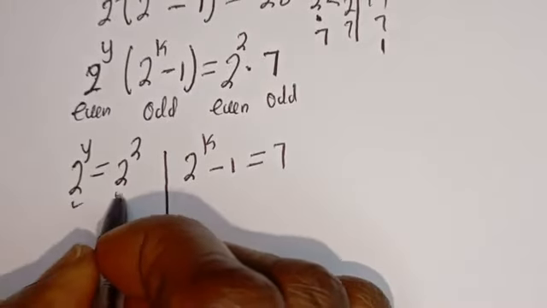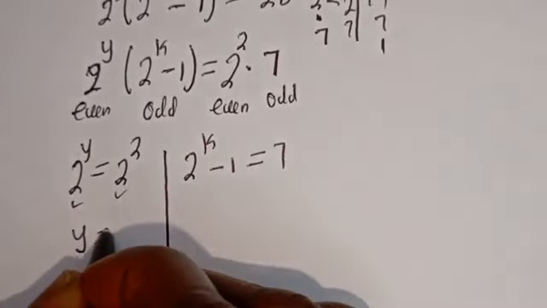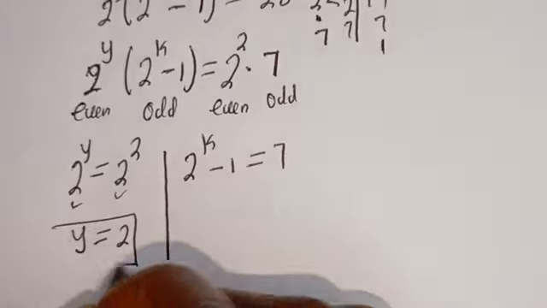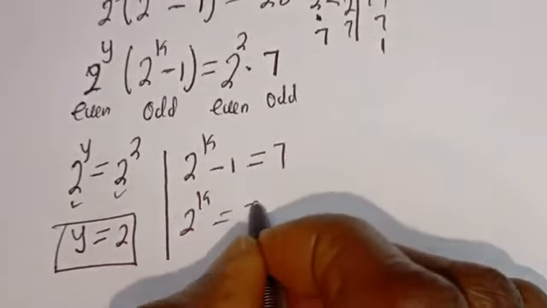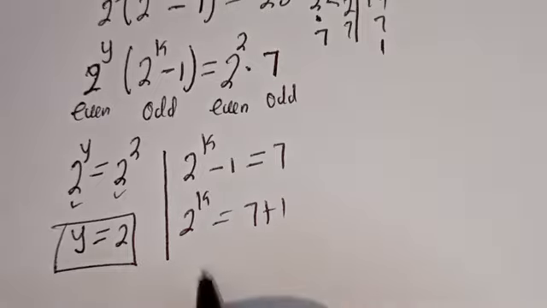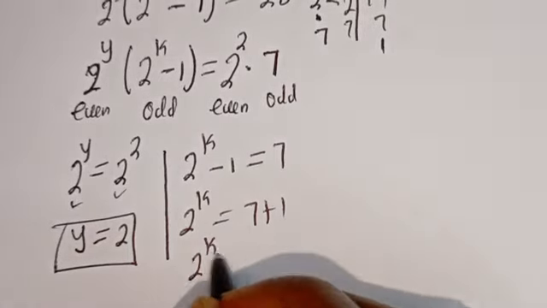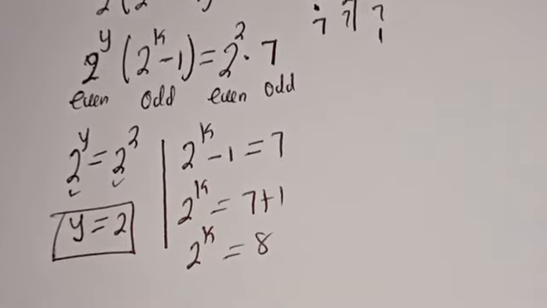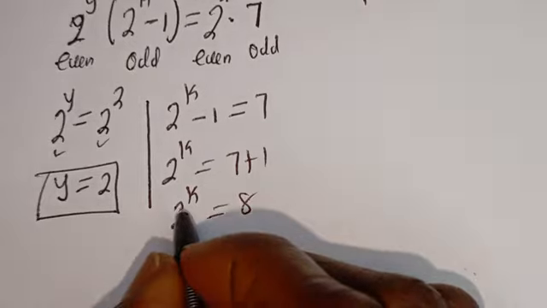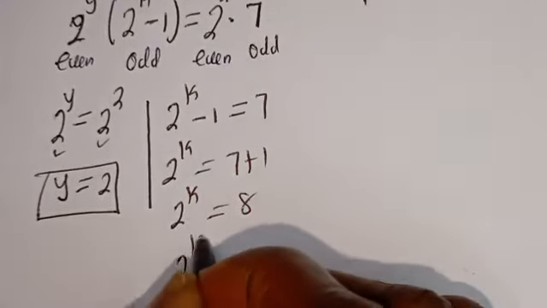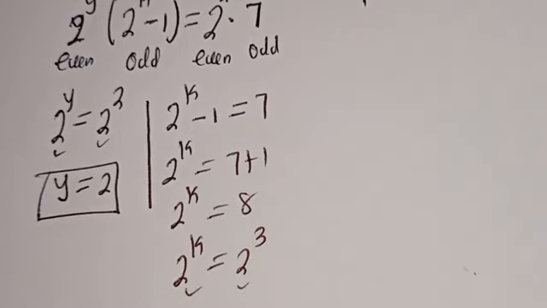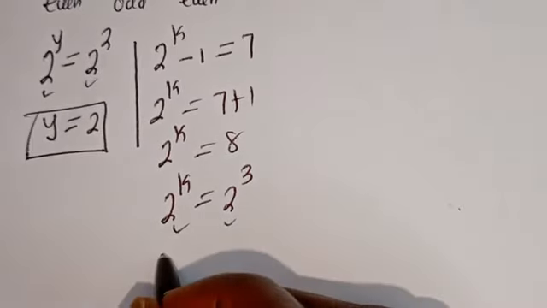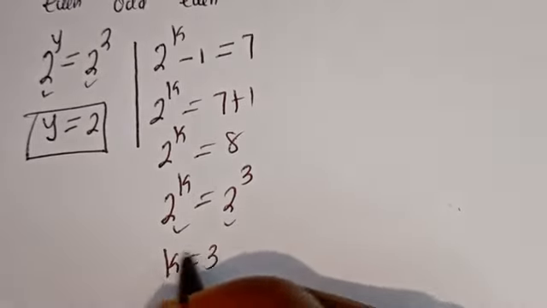Now from here they have the same base, y is equal to 2. This is the value of y, and from here 2 to the power of k is equal to 7 plus 1, 2 to the power of k equal to 8. 2 to the power of k is equal to 2 to the power of 3. They have the same base too. k is equal to 3.